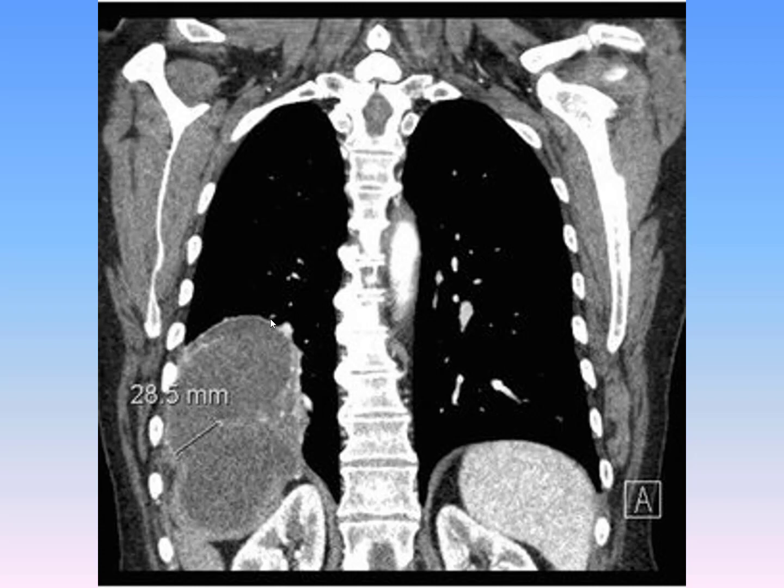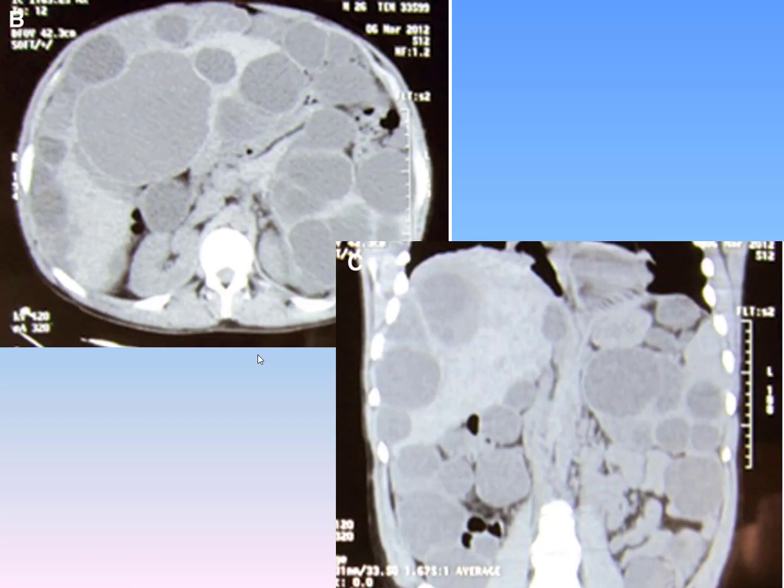Here this is the CT scan, and in the CT scan you can see this is the diaphragm and this is the cyst in the liver, and here you can see this cyst going into the pulmonary cavity. And in this CT scan you can see actually every organ is infected. Every organ is infected with the hydatid cyst.